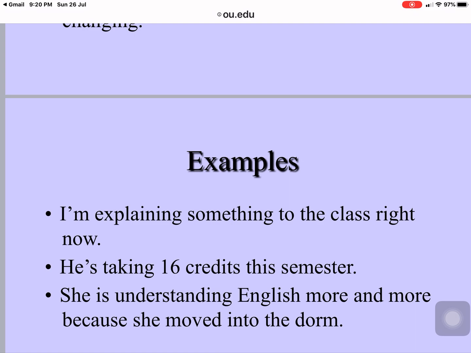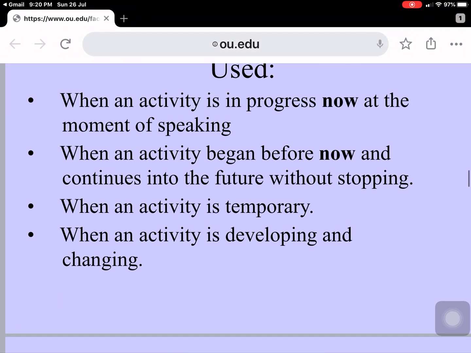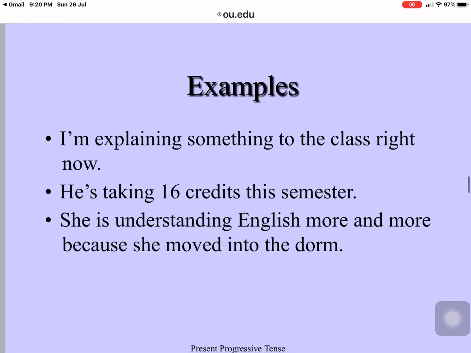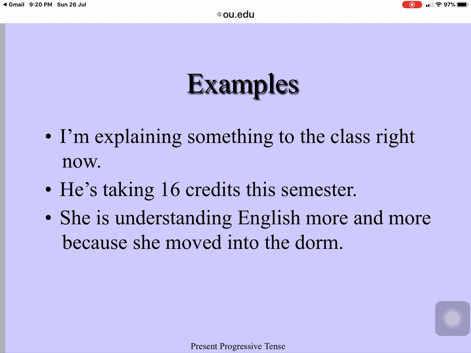He is taking 16 credits this semester. We already said that when an activity began before now and continues into the future without stopping, this is indicating about future also.